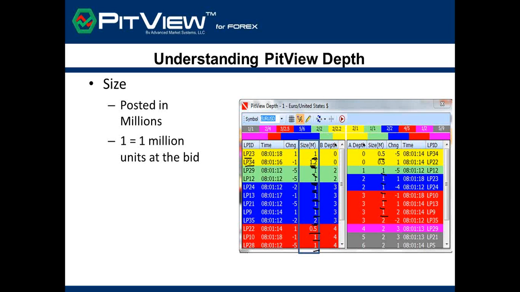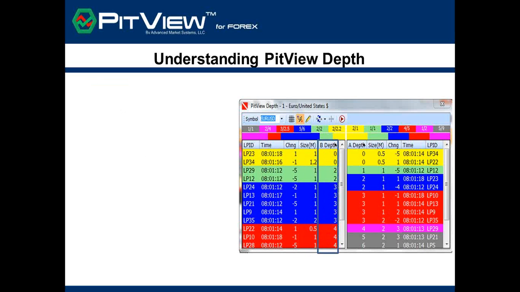So anyway, that was a more detailed explanation than you probably wanted, but all that size is showing you is the amount that they're putting up at the bid, how much they're willing to buy. In this case, 1 million or 1.2 million, and the ask size at 0.5 would be 500,000 right in there.